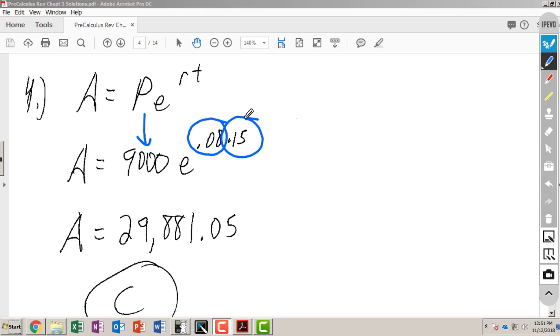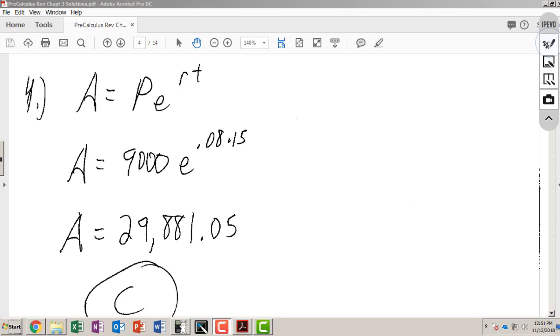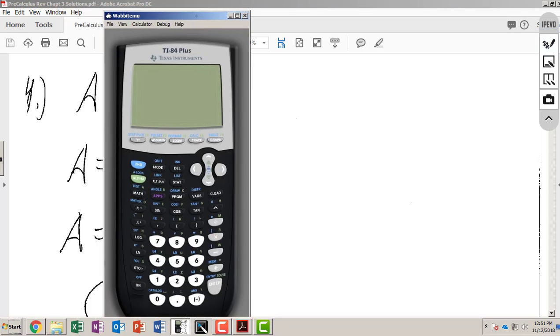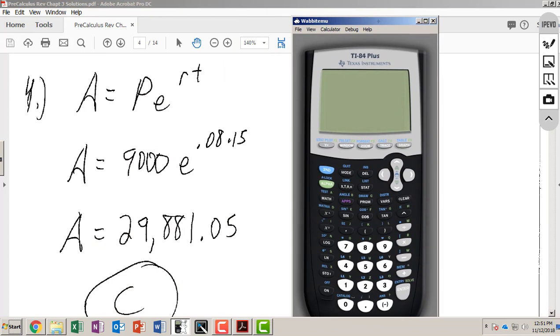So once you're done doing that, you can just take your calculator and type that in. I'm going to type in 9,000, hit second function, hit my E key, which is above the ln, and then go ahead and type in the 0.08, and then times 15.